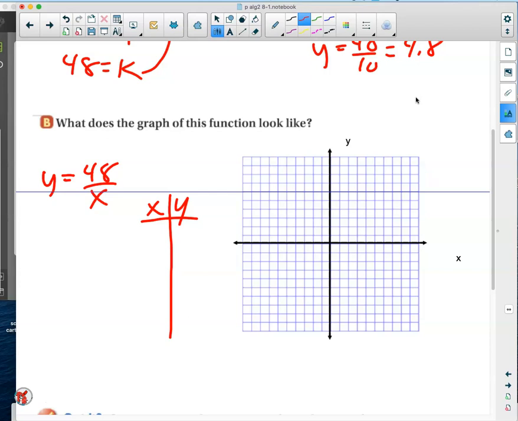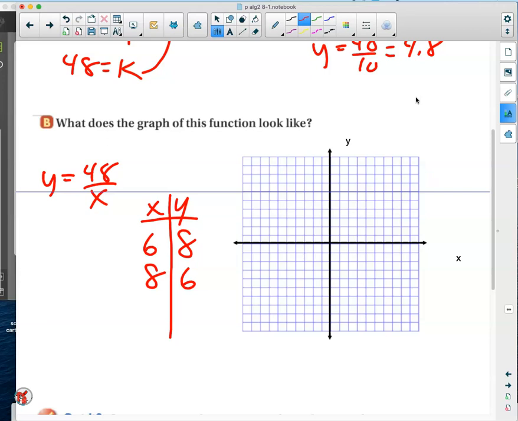So I don't want to use 2, because then it'll be 2 and 24, and I'm not going that high. I just want my negative 10 to 10 window here. 3 and 16, no, that's not going to fit. 4 and 12, no, still too big. 5, 6, ooh, 6 and 8. And 8 and 6, because 48 divided by 6 is 8, and 48 divided by 8 is 6.